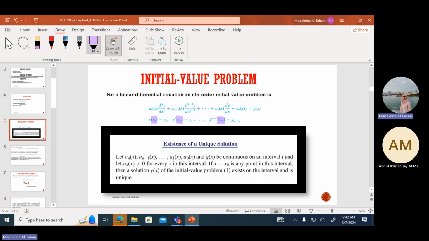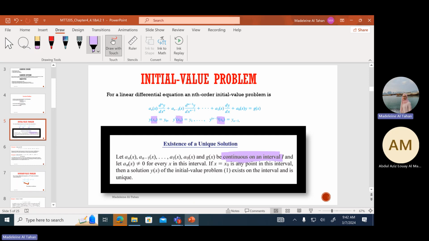We talked before about the existence of a unique solution for which problem? Initial value problem, first order, right? Here we are considering nth order. So if it has this shape, it means that it's linear. Again, look at it. It's related to what, miss? The continuity.